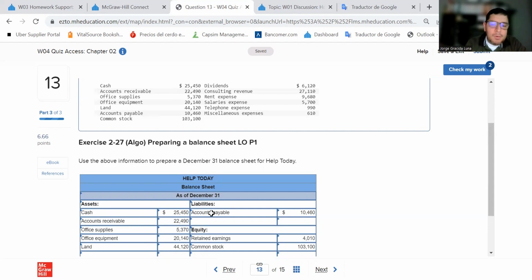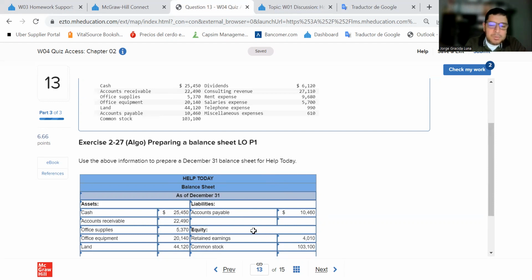Liabilities. We just have one liability account, accounts payable, and we just put this amount, 10,460. The next part is the equity.